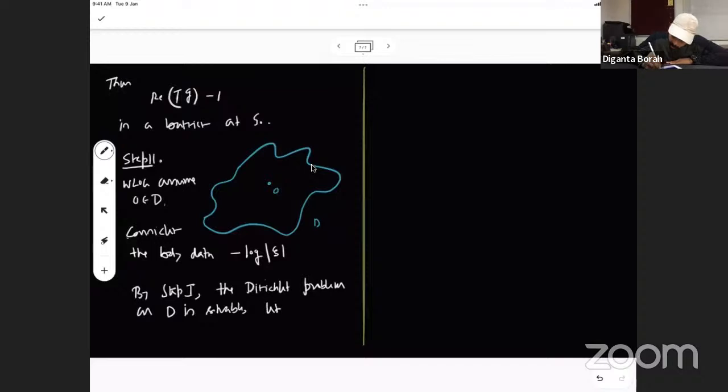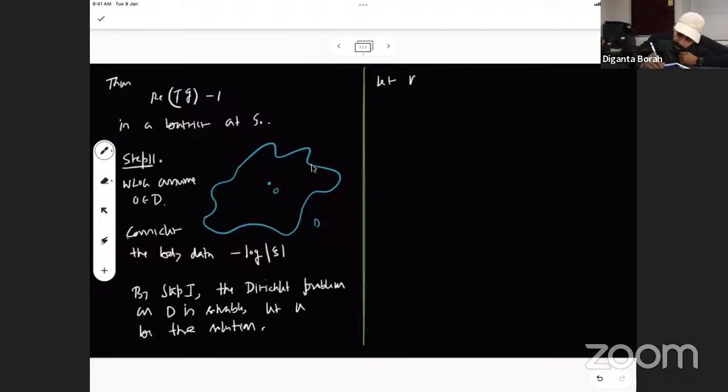We know that the solution is unique. Let U be the solution. So U is a harmonic function on D, and it has boundary value minus log mod zeta. Then I'm basically reversing what I did in the first lecture.